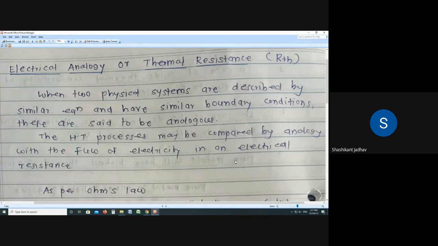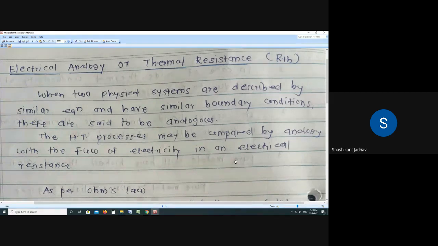At that time we say that the two physical systems are analogous to each other. Understood? ज्या वेळेला दोन system असणार आहेत physical system and for both systems the same equations and the same boundary conditions are there, then we say that the two physical systems are analogous to each other.